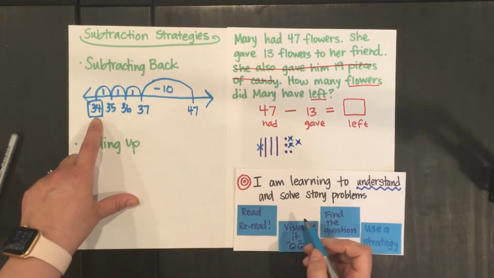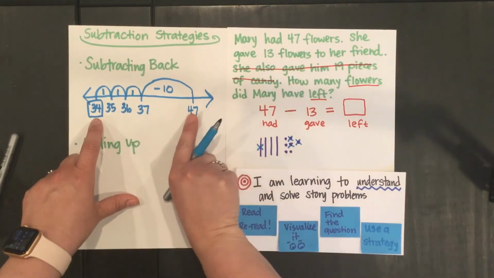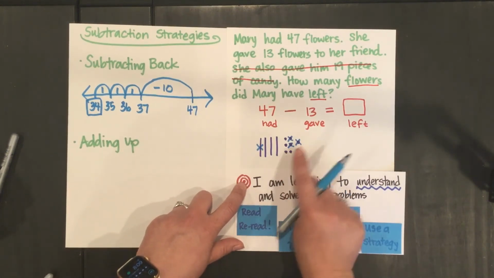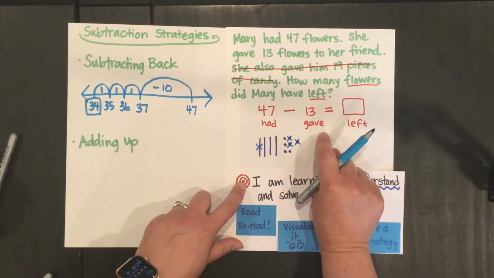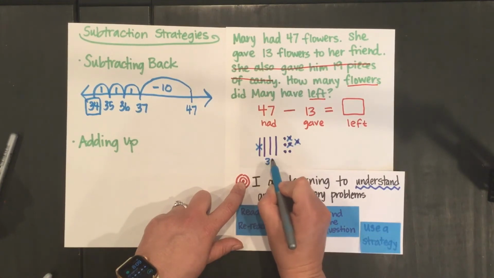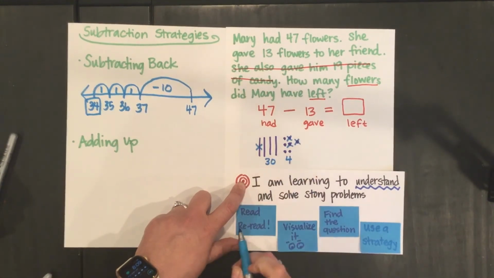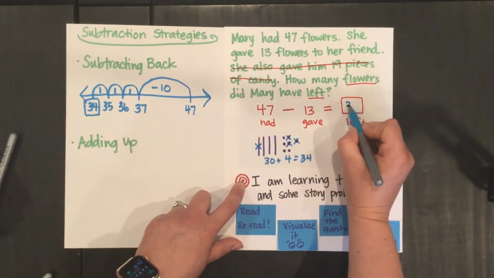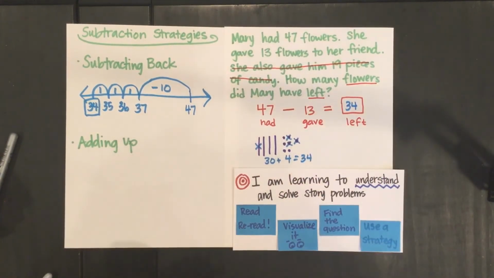Now I know, because I showed on my number line of counting back or subtracting back, I can also see in my place value picture that when I took away the ones she gave, I am left with 30 and 4, which is a total of 34 flowers left.